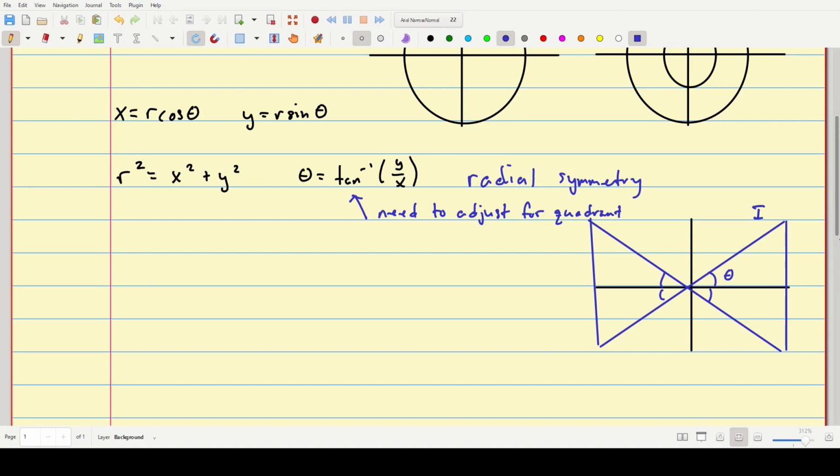I'm going to put a tilde over this to indicate that it's the reference angle. All of the indicated angles are equal to the reference angle, and the true angle is this one that's made with the positive x-axis. In quadrant 1, theta is equal to the reference angle.